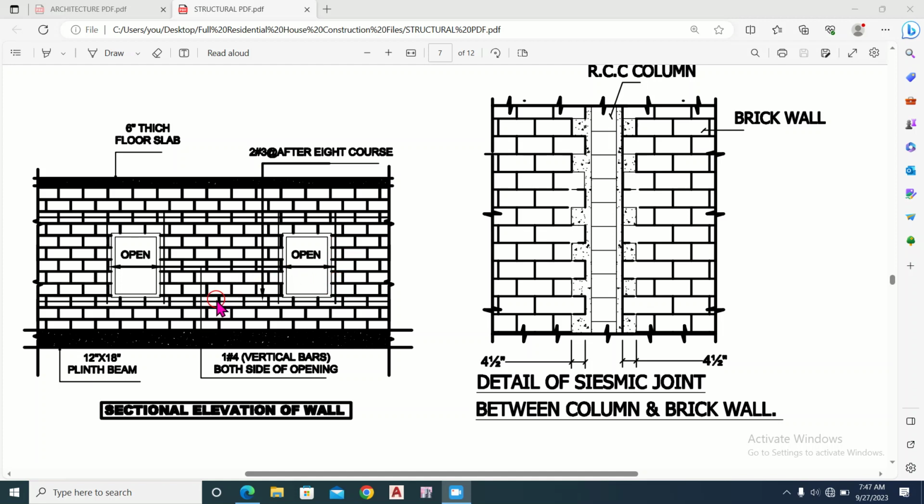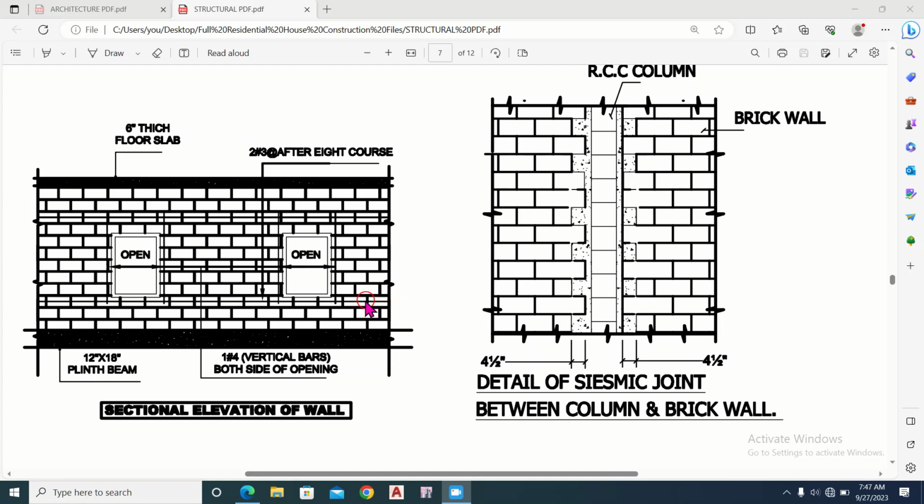And here, as you can see, two bars we have to provide, two number 3 bars after 8 courses of the brick masonry. So from here the bar has been started, and till here is the end of the plinth beam and where the bricks end.